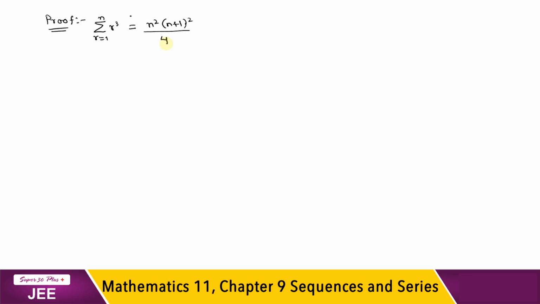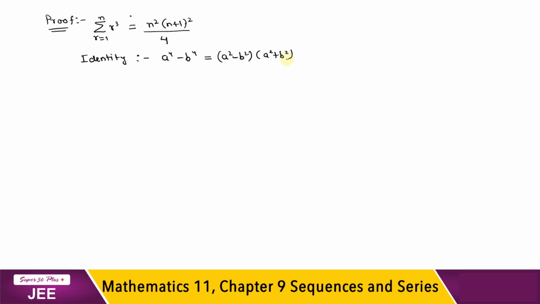Now in this sigma r cube, we are going to take the identity of a raised to the power 4 minus b raised to the power 4. And this is (a square minus b square) multiplied by (a square plus b square).